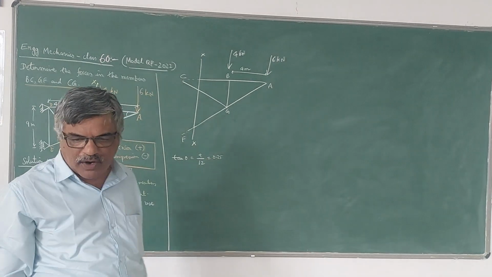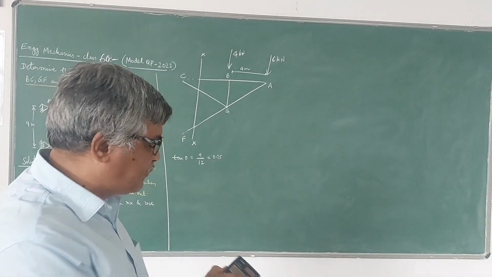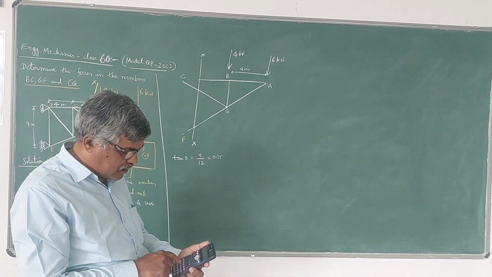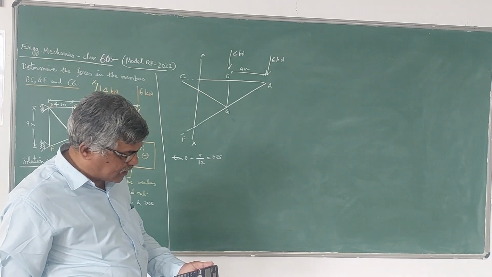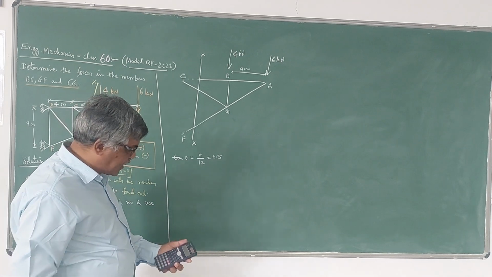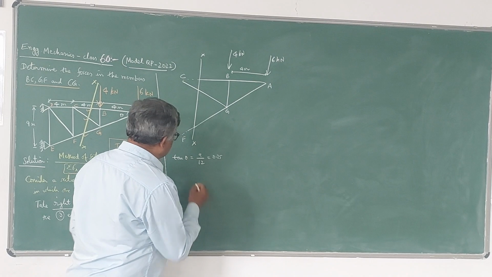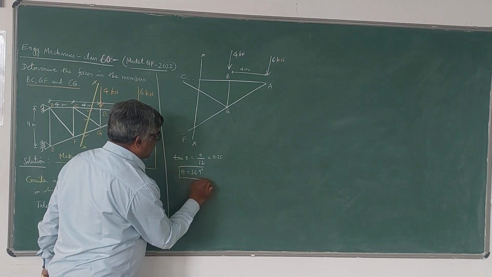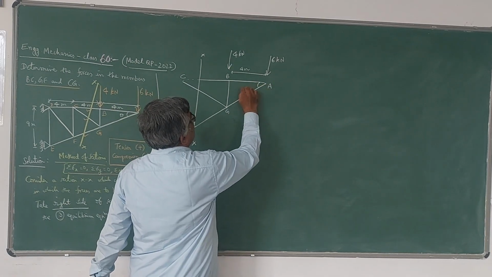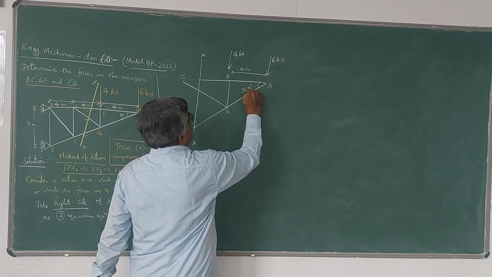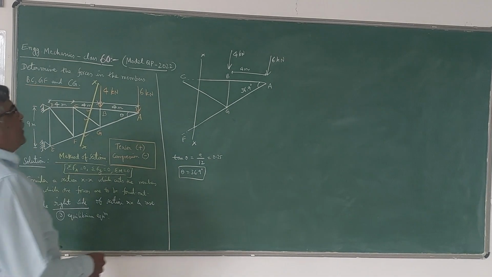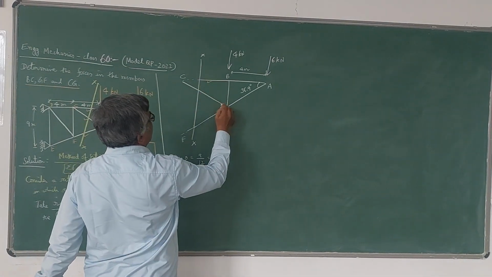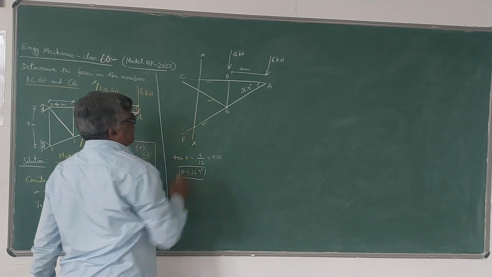So tan inverse of 0.75 is the value of theta, which comes out to be 36.9 degrees. So this is the value of theta. That means this value is 36.9 degrees. Now I need to find the forces in these three members, BC, CG and GF.